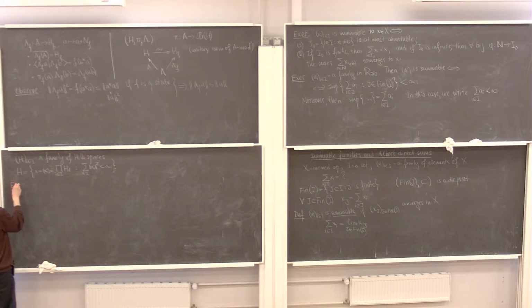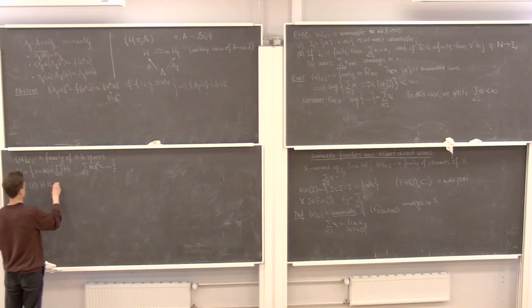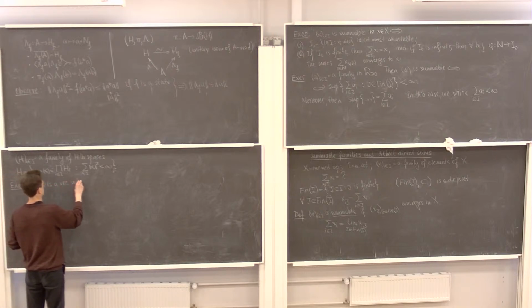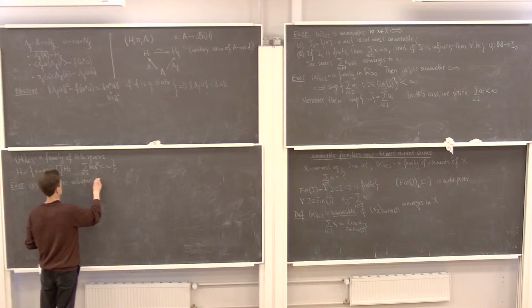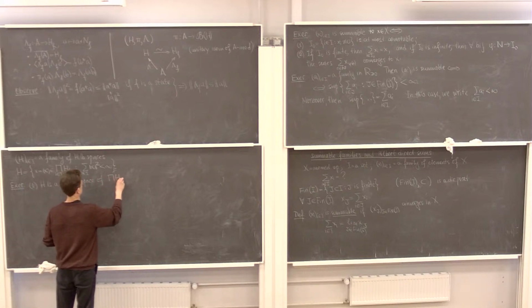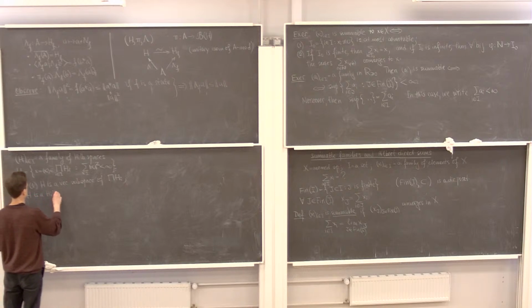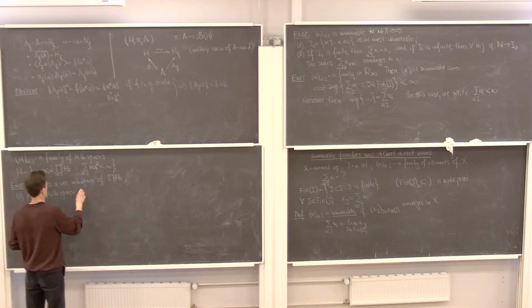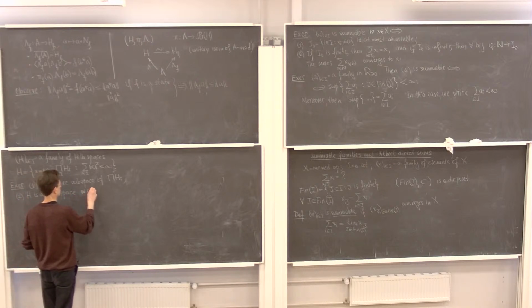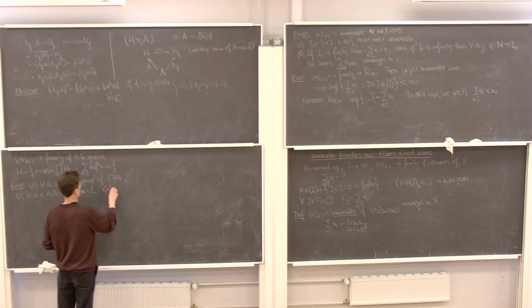It's a simple exercise to show that H is not just a set, but is actually a vector subspace of the product. And moreover, it's actually a Hilbert space with respect to the inner product given by the following formula.